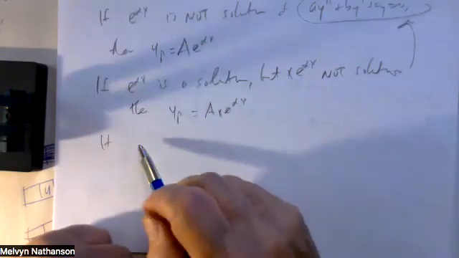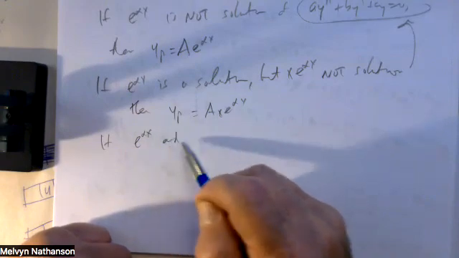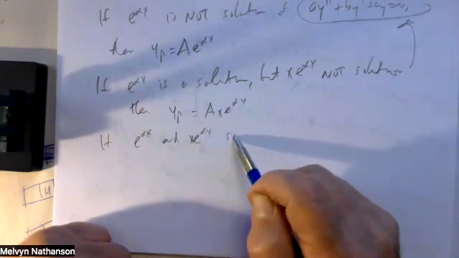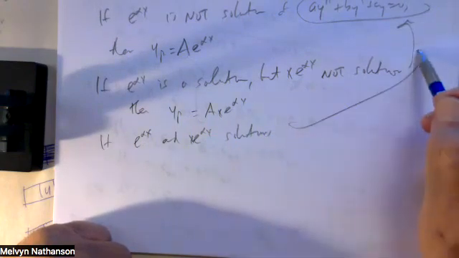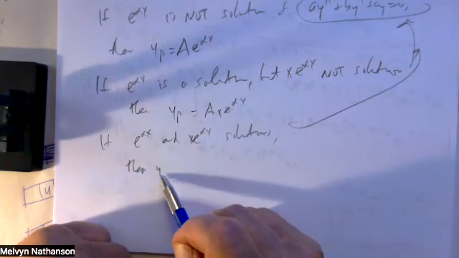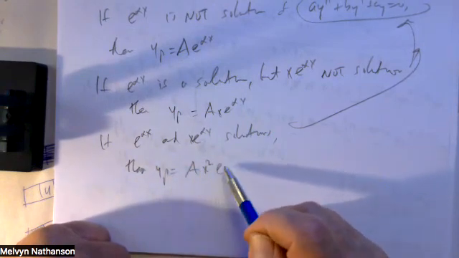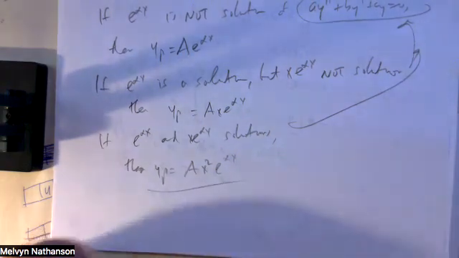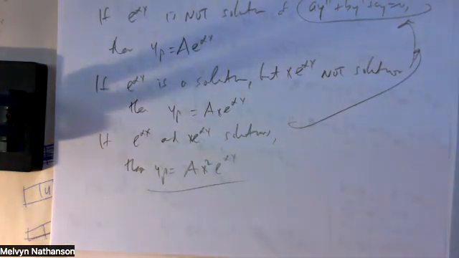And in the third case, if e^(αx) and xe^(αx) are both solutions of this homogeneous equation, then y_p = Ax²e^(αx) will be a solution. And again, all you do is plug these three possible forms of solutions into the differential equation, and you can solve for A. Okay.